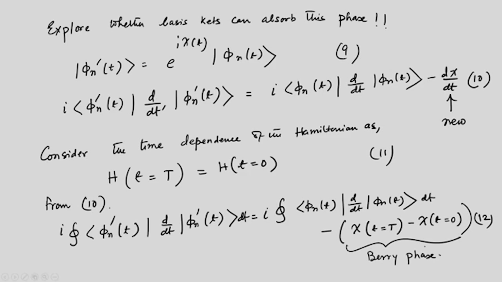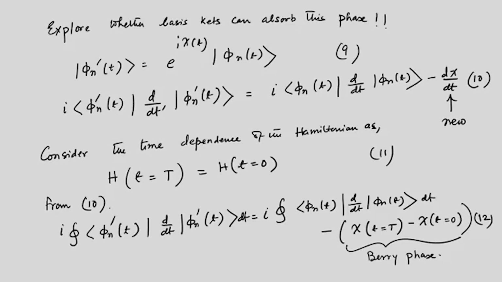So, even if the Hamiltonian is exactly the same, the phase that it picks up over a full cycle from 0 to T are not the same and they don't cancel out, and this contribution stays. And we'll see that we can write this in terms of the Berry connection, the Berry connection can be related to the Berry curvature, and integrating the Berry curvature over the Brillouin zone will give rise to the Chern number.